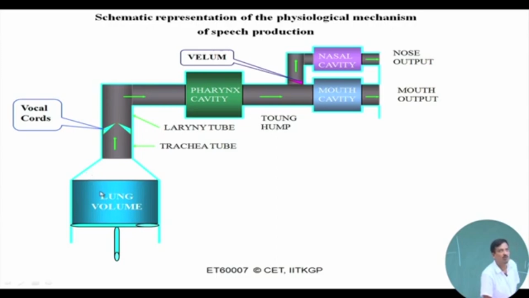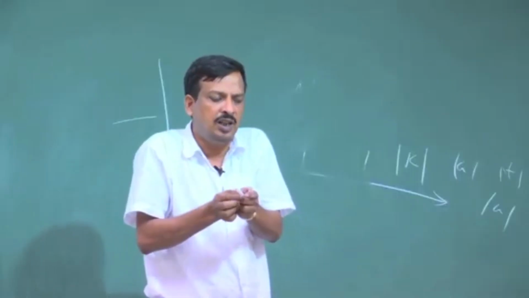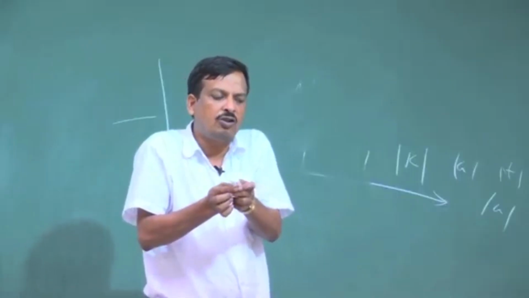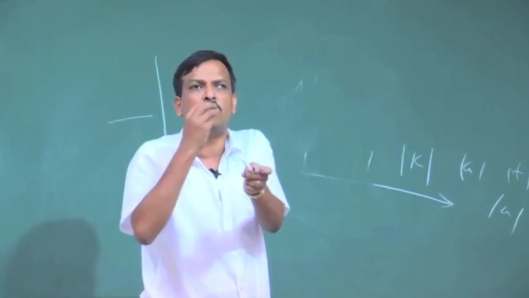This is the force, and once the lungs press the air upwards, there are the vocal cords. The vocal cords are generally open when you inhale. If I want to speak, the vocal cords have to be closed. If they are open, there is no sound coming from the mouth.